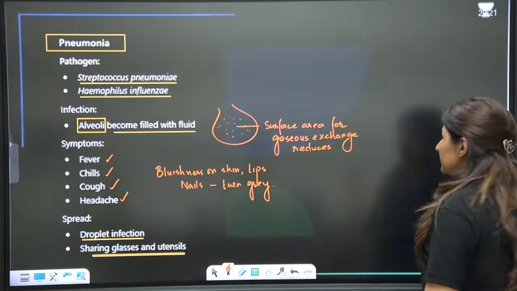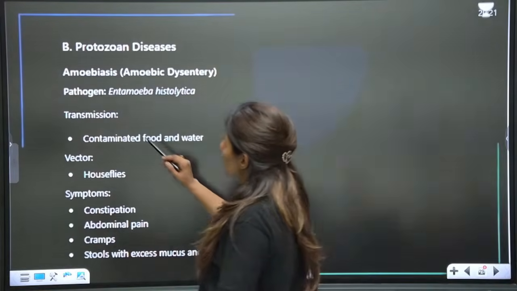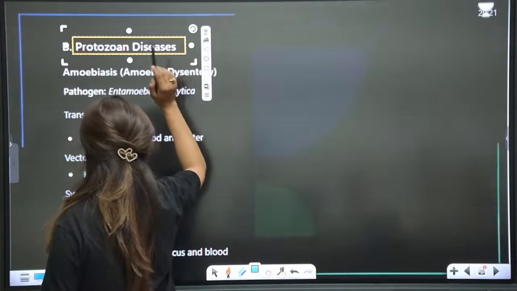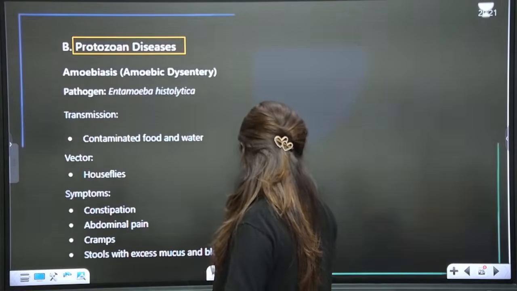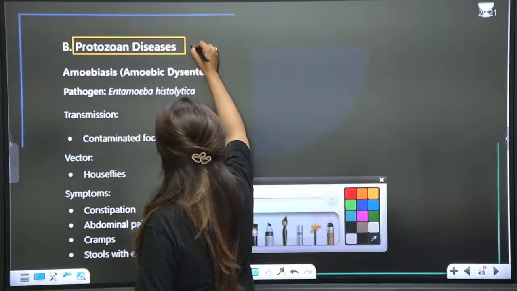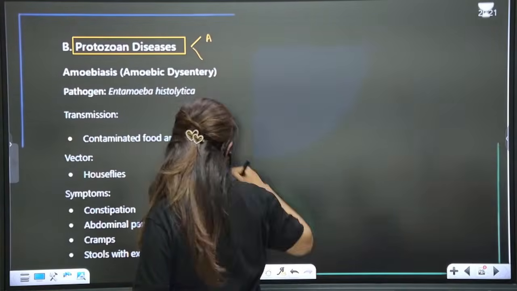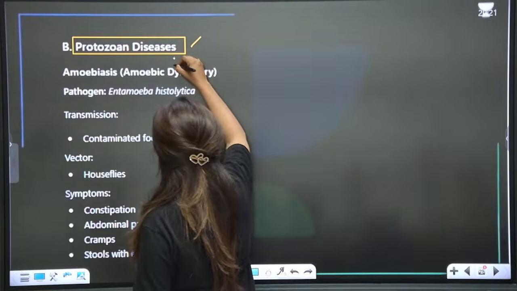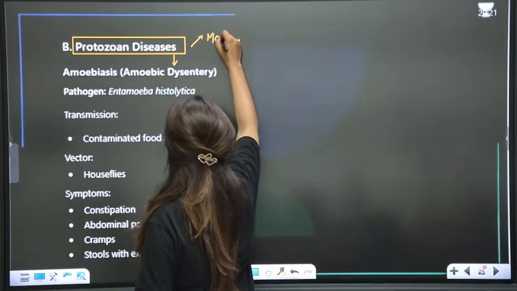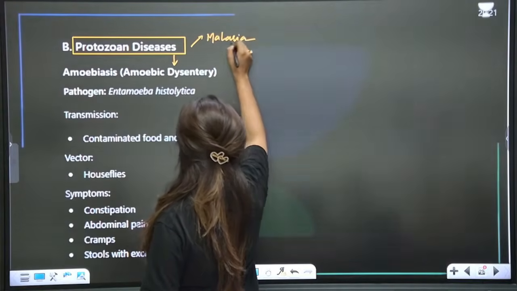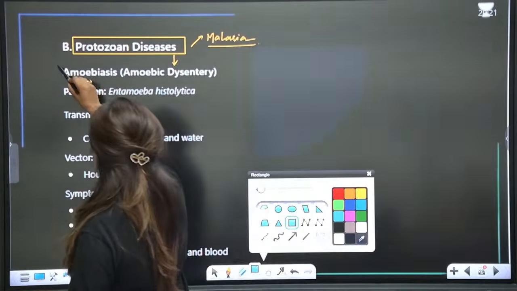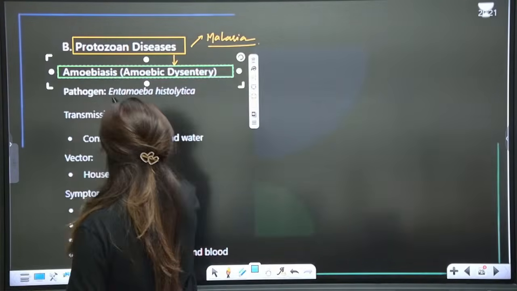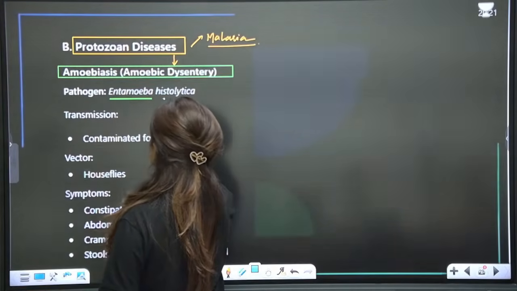Are these points clear? Then moving on to the protozoan diseases, guys. Protozoan diseases we are going to discuss first as amoebiasis and second will be malaria. So we are going to discuss two, amoebic dysentery, one, and second would be malaria. So I'll be discussing malaria separately. Now, let's talk about amoebic dysentery first, also known as amoebiasis, caused by Entamoeba histolytica.